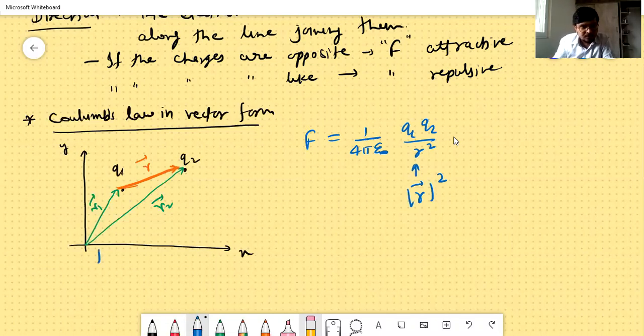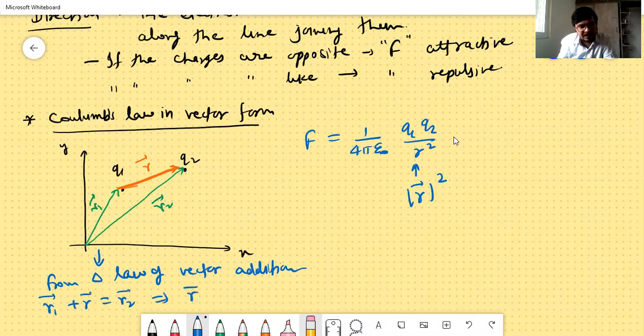Now have a look from the triangle law of vector addition. What do we have? We have vector r1 plus vector r is equal to vector r2. It means we have vector r is equal to r2 minus r1, right? And the next point to be noted is that the electrostatic force will act along this line, because q2 is over here and q1 is over here on this line.